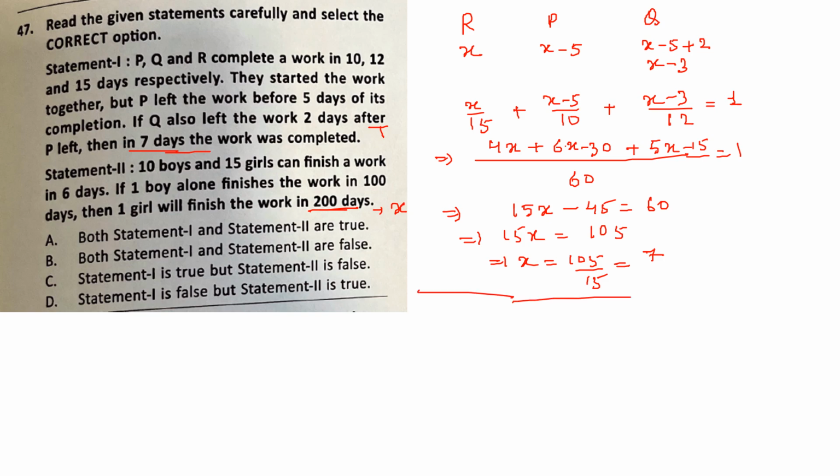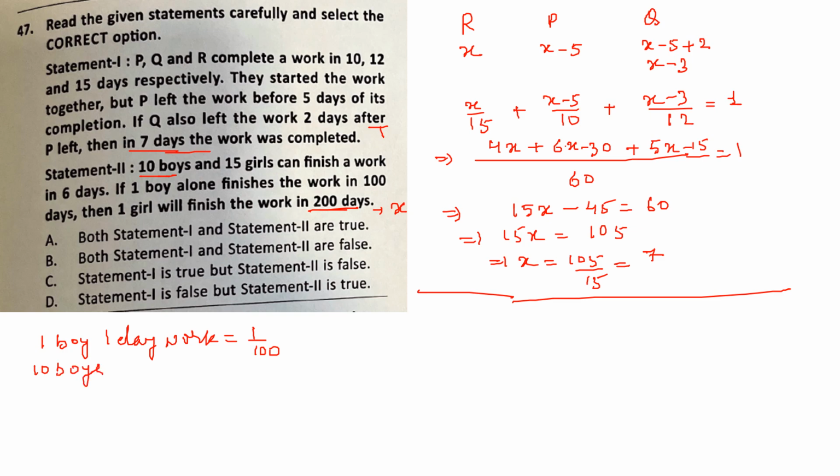So here one boy's 1 day work will be 1 by 100, because it is given he finishes the work in 100 days. And here it is given 10 boys and 15 girls finish the work in 6 days. So let's find for 10 boys.